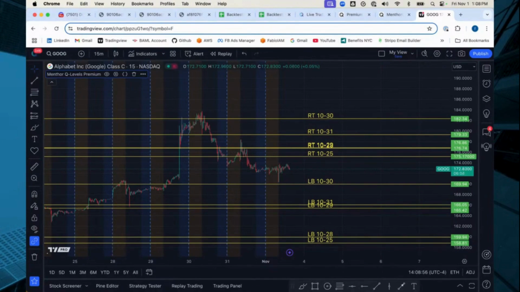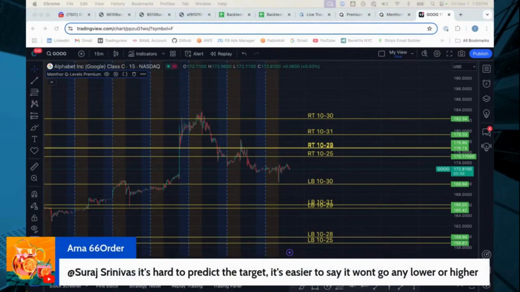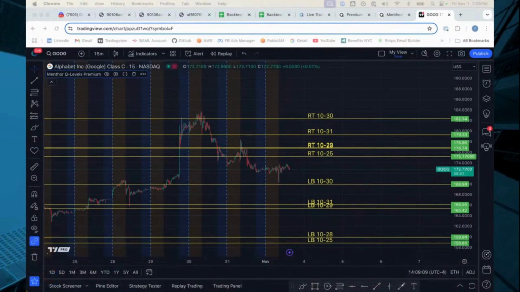But Suraj asks whether the risk trigger is a profit target when long, and Anna also gave a comment: it's hard to predict the target, it's easier to say it won't go any lower or higher. Yes, I would say it really depends on your A plus setup. When we speak about the risk trigger levels, lower bands and upper bands, what we're doing with MenthorQ is giving you the data to make it as easy as possible to read the market, so that you can put this in your A plus setup.